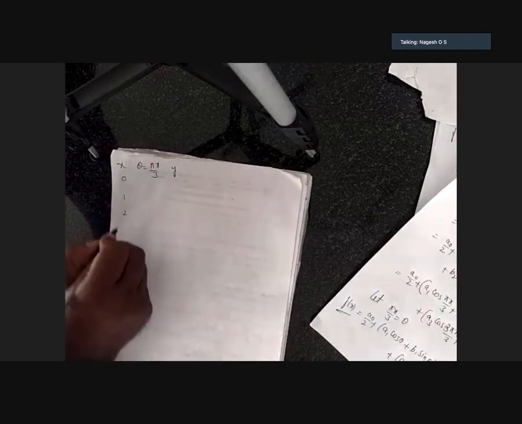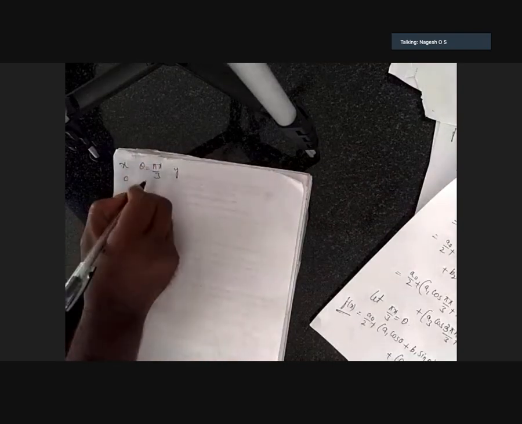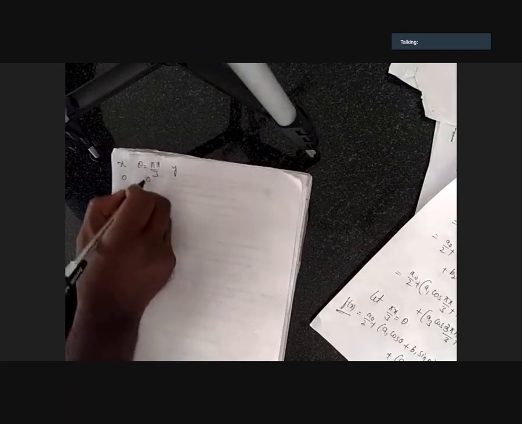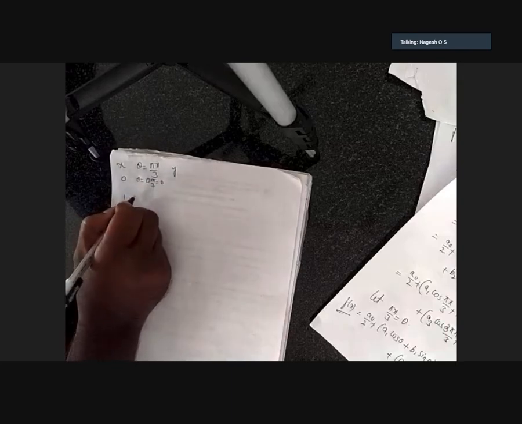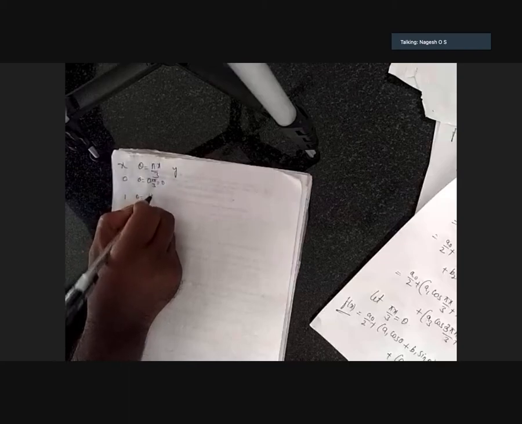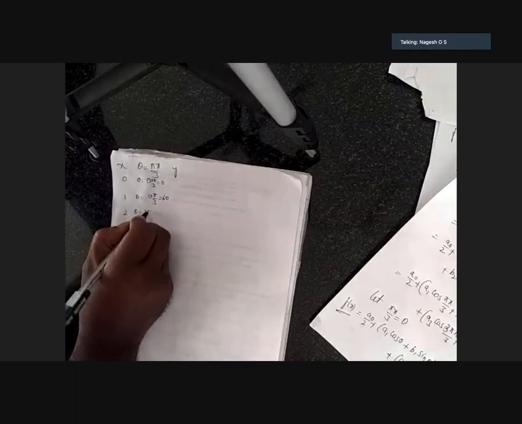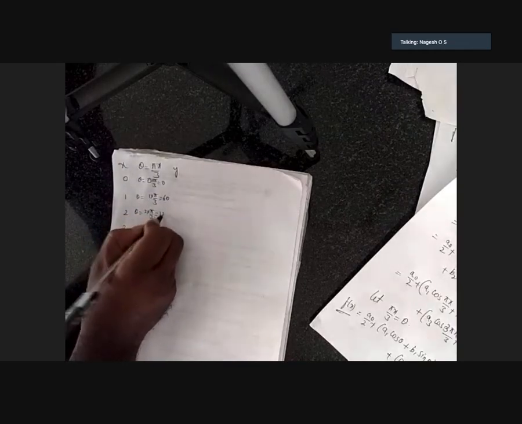Now, what are the x values? X values are 0, 1, 2, 3, 4, 5. Theta is pi x by 3, meaning pi into 0 by 3, that is 0 only. Theta equal to 1 into pi by 3, that is 60 degrees. 2 into pi by 3, that is 120 degrees.